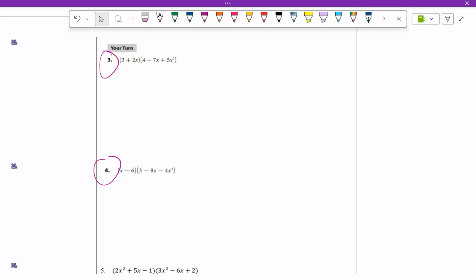Again, if you need a calculator, that is okay. Make sure you're trying both 3 and 4.